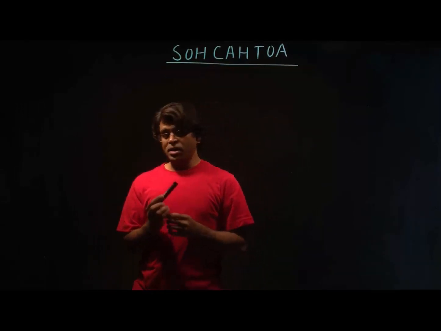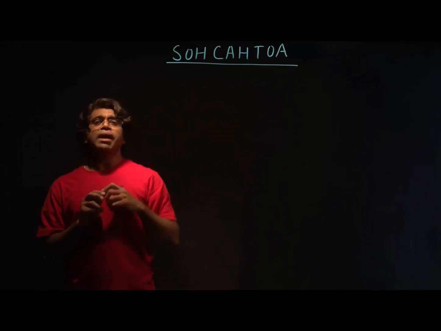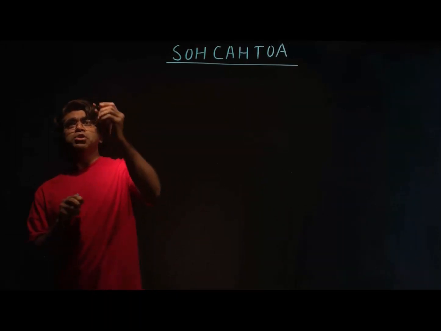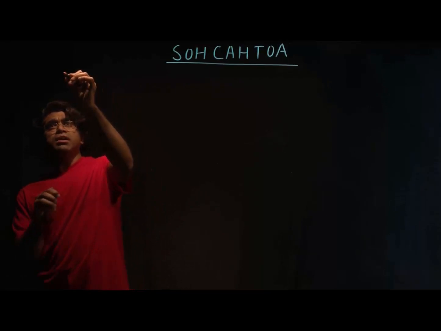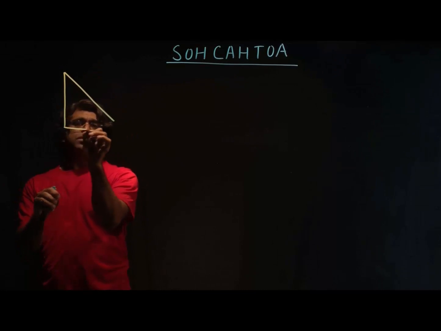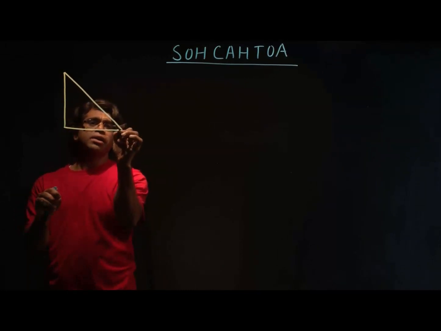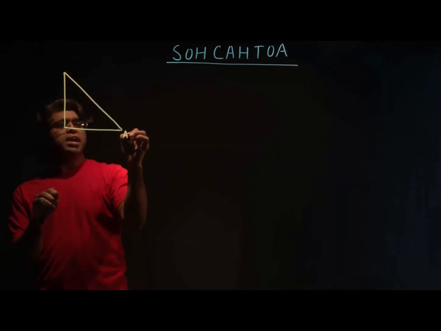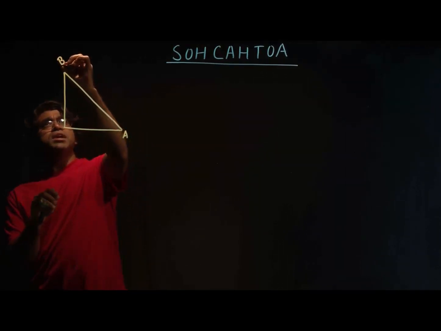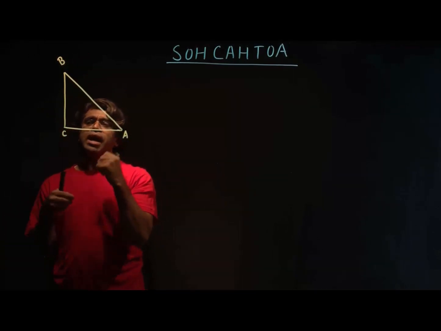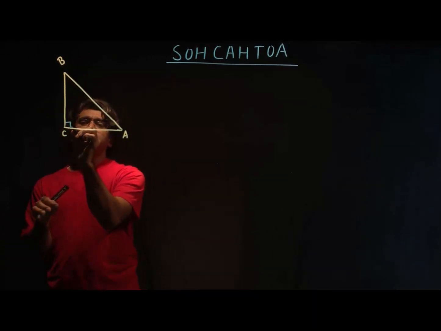So let's start. In order to describe this rule, I am going to draw a triangle. As you can see, this is my right triangle, triangle ABC, and angle C is right.